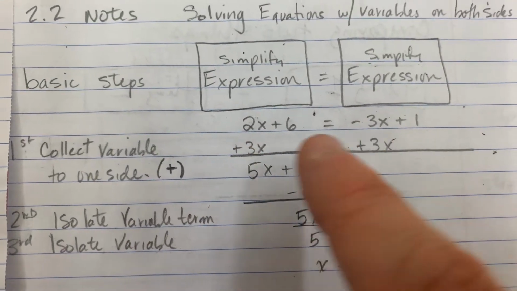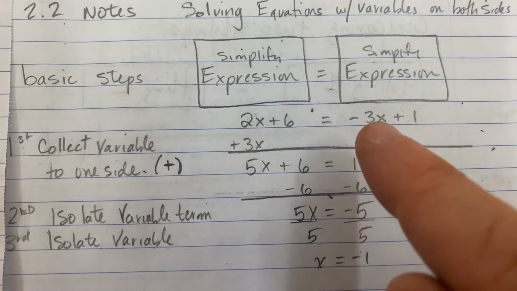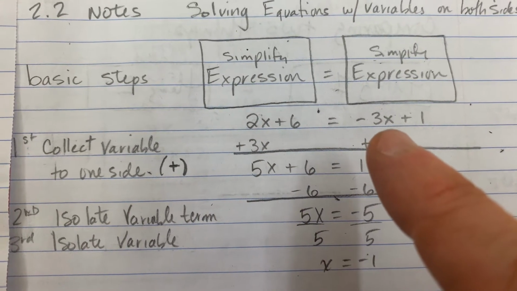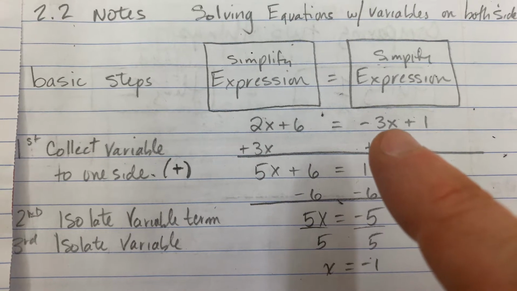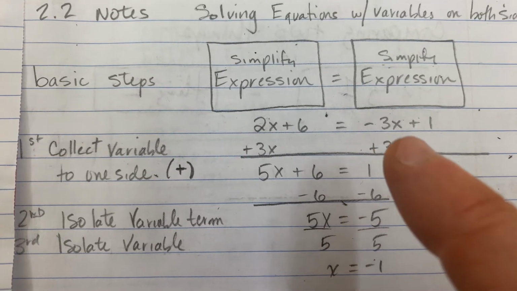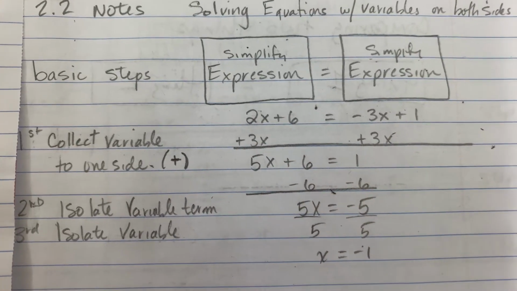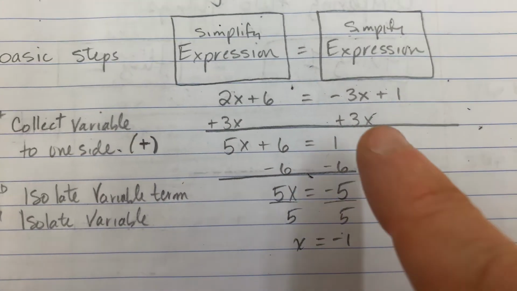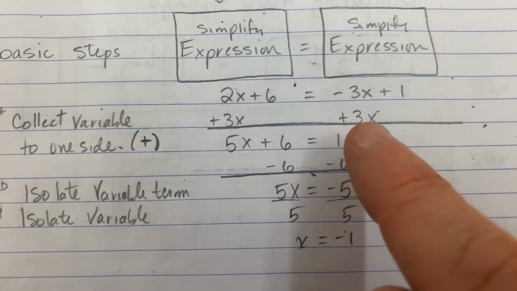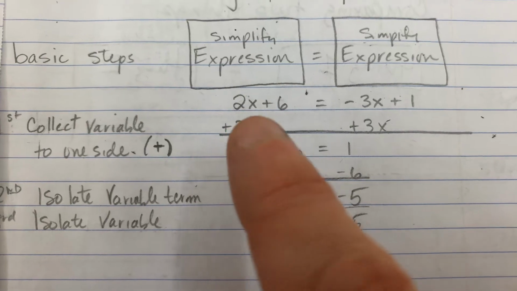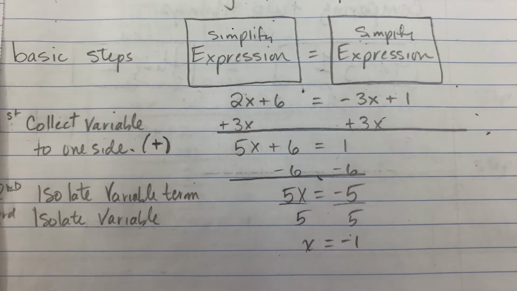So when you look at this first problem, if I have 2x on this side and negative 3x on this side, I'm not trying to break up the variable term. I'm trying to move the entire variable term to one side or the other. Notice that I decided to add 3x to both sides instead of subtract 2x to both sides.